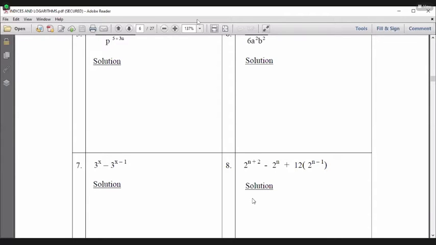Please, if you want me to explain, can we keep silence? Now you're asking what is the relationship between 2 to the n plus 2 and that? This is the same as writing 2 to power 2 times 2 to power n minus.